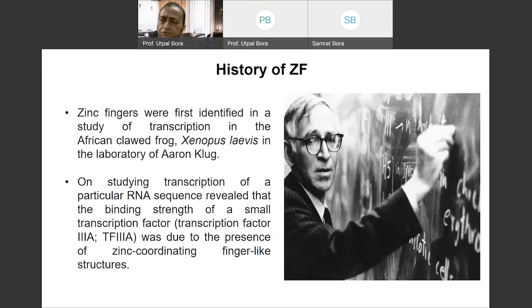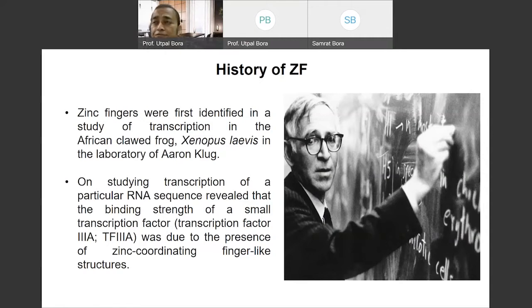So, history of zinc fingers. They were first identified in a study of transcription in the African clawed frog, Xenopus laevis. We will know more about it later.